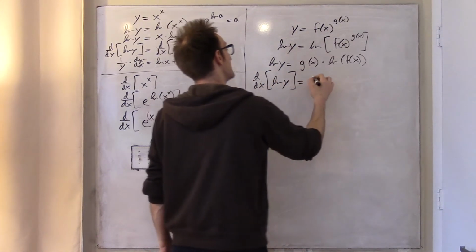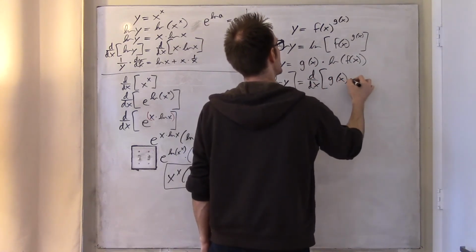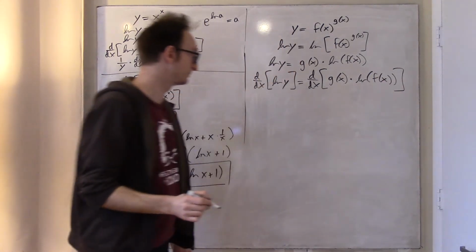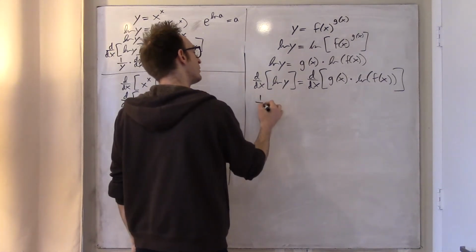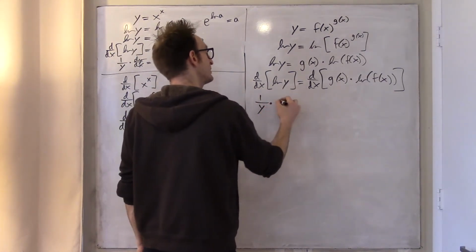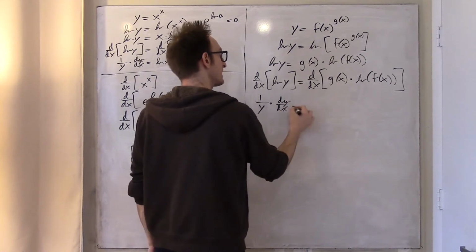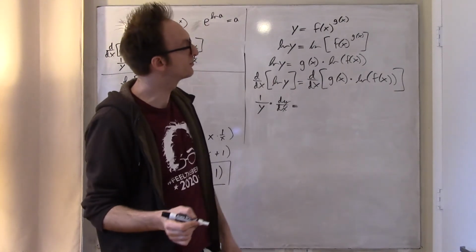And over here, I have to use the product rule. So what's the derivative of ln y? Well, it's 1 over y back inside for the derivative of y with respect to x, which is dy dx. And how about differentiating this side? Well, I use the product rule.